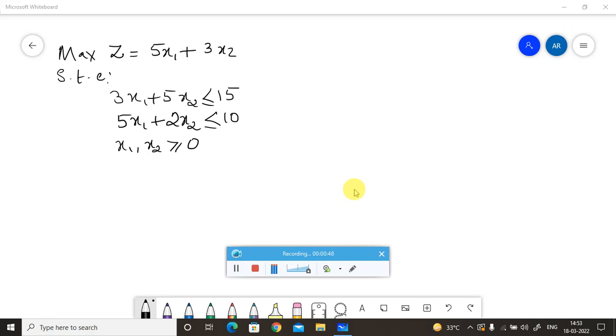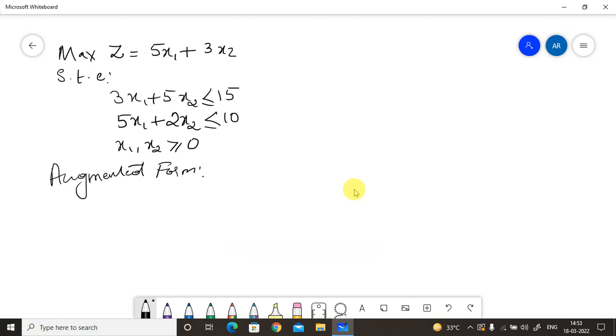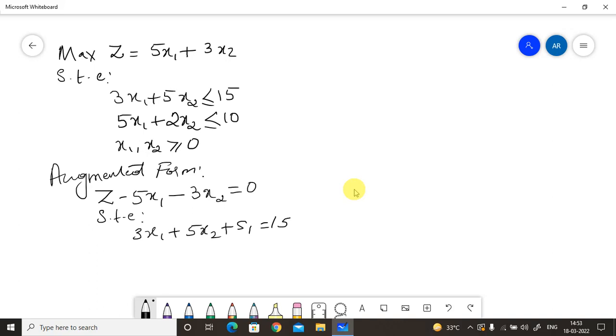So the augmented form: the objective function will be rewritten as z minus 5x1 minus 3x2 equal to 0, which is subjected to constraints 3x1 plus 5x2 plus s1 equal to 15, right?